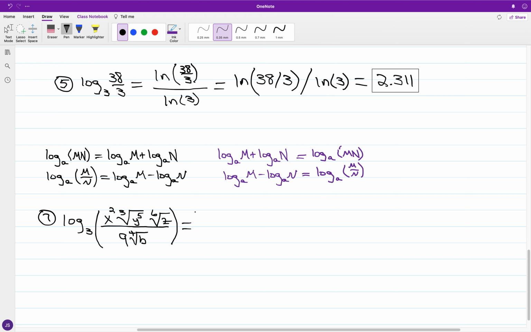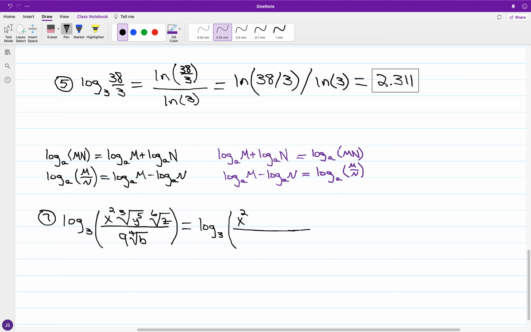All right, now what I can do here is that before I look at expanding, okay, so I have with these radicals, I can write these as non-integer powers. Okay, so you have for the factors here, so I have x squared. Now for the cubic root of y to the 5th, now if you remember, you have like the nth root of a to the m is equal to a to the m over n.